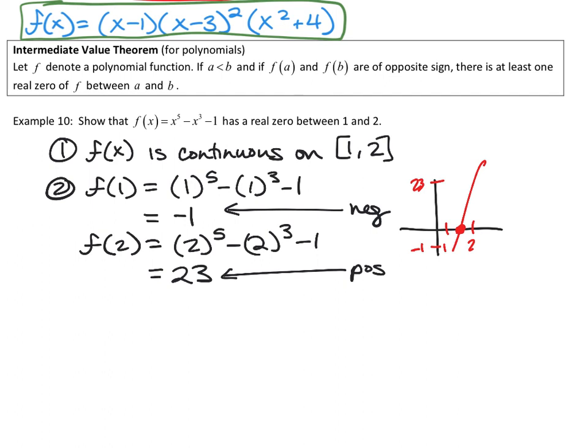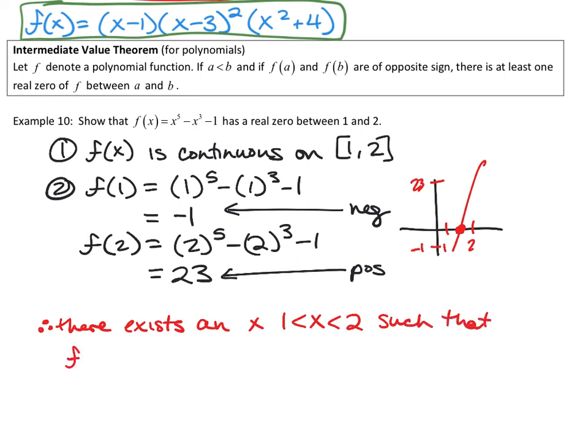So here's the proof. Here's the reason. Therefore, there exists, it's that same kind of language, there exists a value x in between 1 and 2 such that f evaluated at 1 is less than 0, and f evaluated at 2 is more than 0, and that f of x is going to have to equal 0 due to the intermediate value theorem.